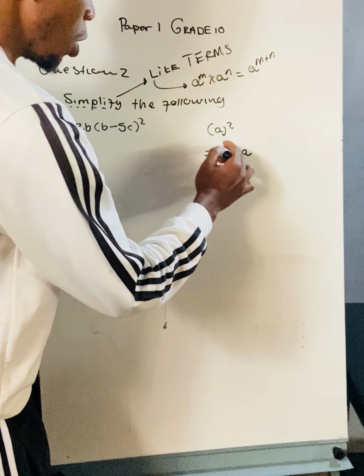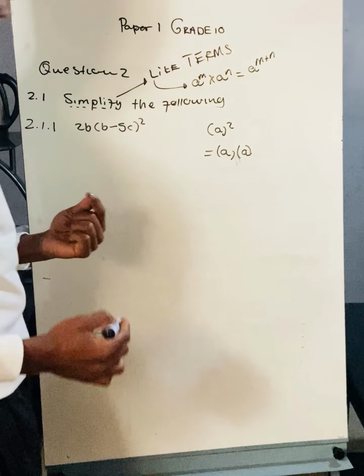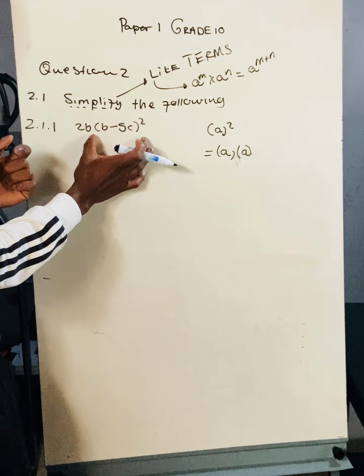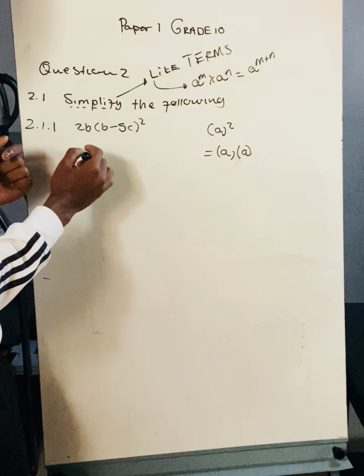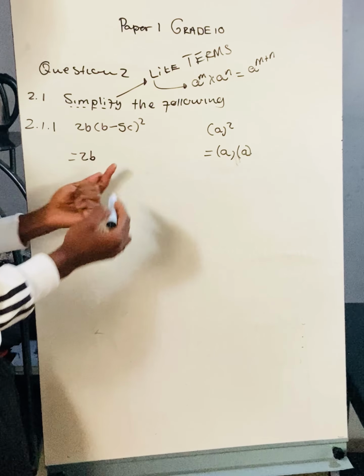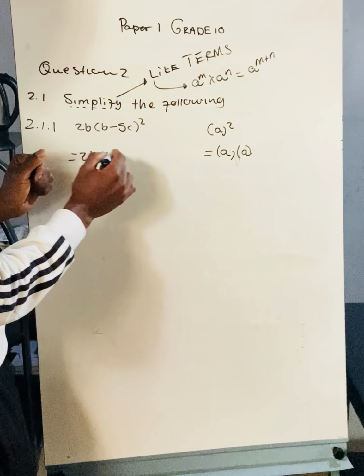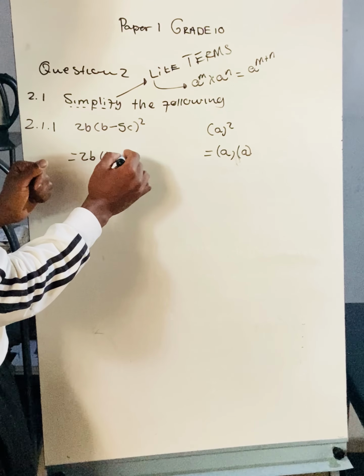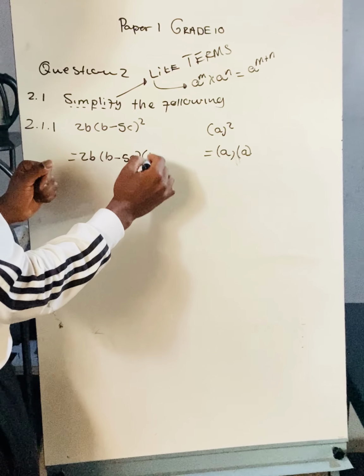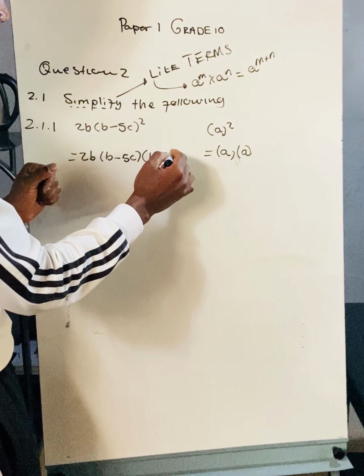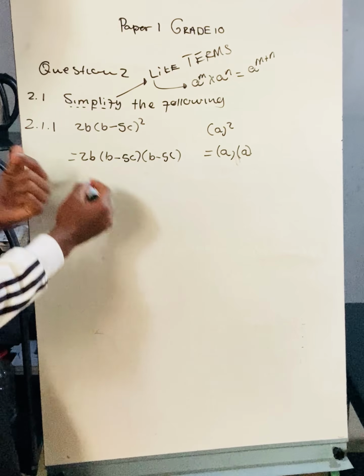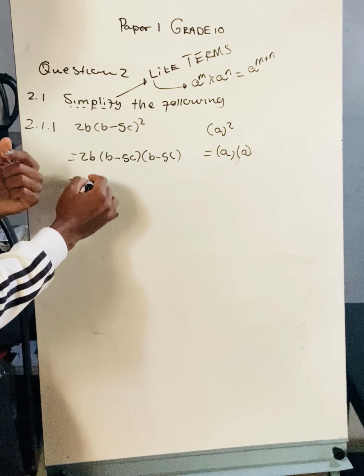Because here I have the square outside, these two will remain the same. Therefore, I'm going to open the two brackets, and remember the sign will never change, which means it is going to be b minus 5c, and also b minus 5c. After doing this, now we simplify the brackets.